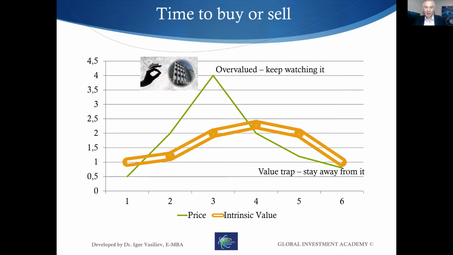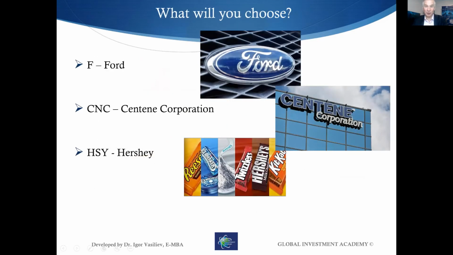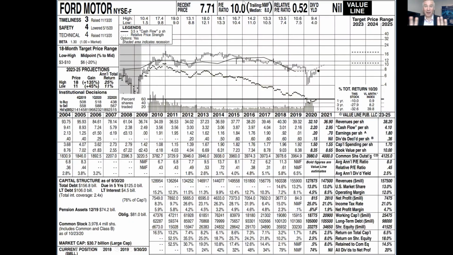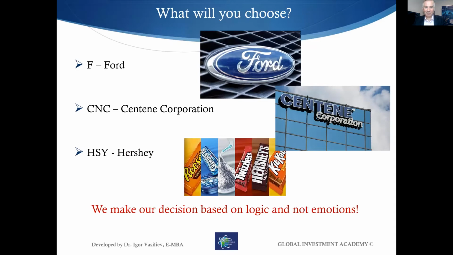Now, the next part, I am going to ask you to help you out. Guys, think about it. You have $10,000, and a friend of yours came to you and said, look, I have 3 companies, I know them, where will you put money? Ford, the manufacturer of cars; CNC, Centene Corporation; and Hershey, they make chocolate.